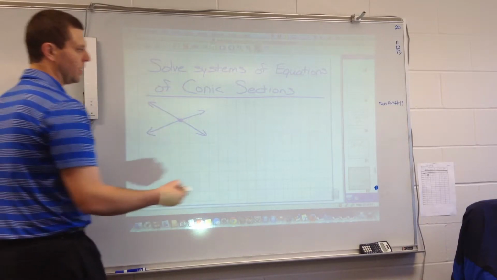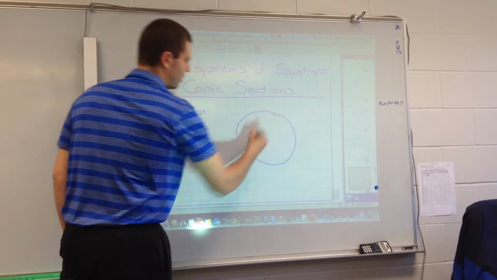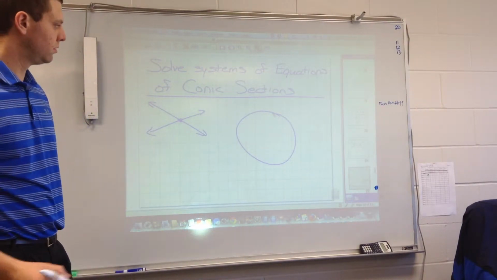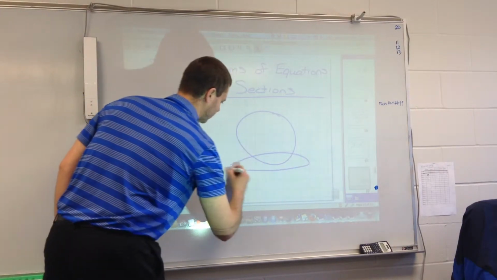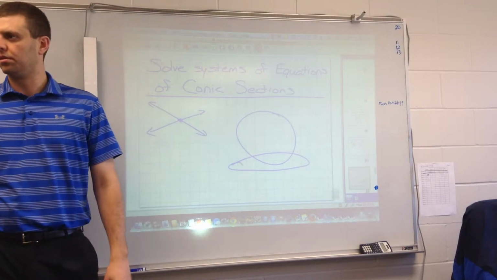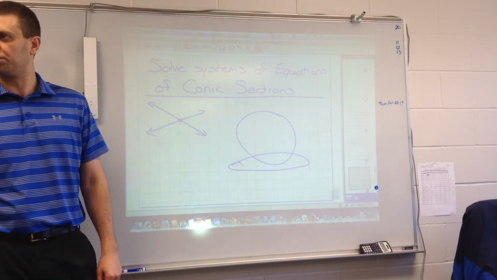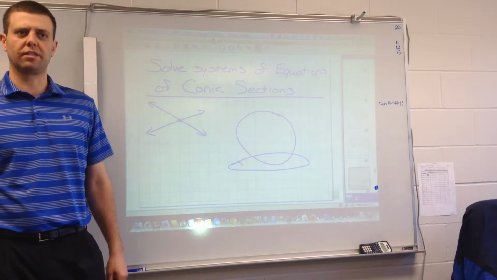But the idea is we're still going to solve systems of equations using conic sections, which means if you have a circle and you have some sort of ellipse, there could be multiple solutions. There could be multiple coordinates where those two shapes intersect.